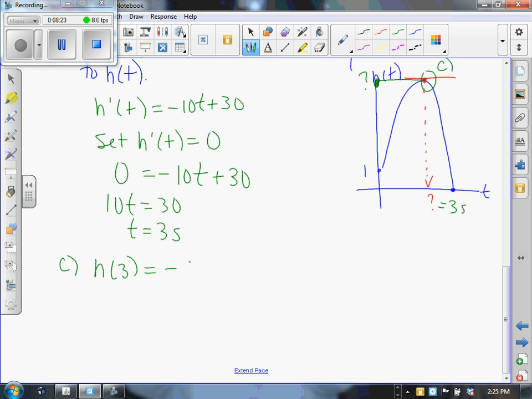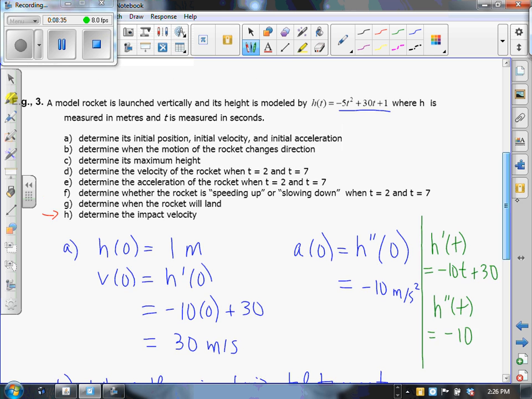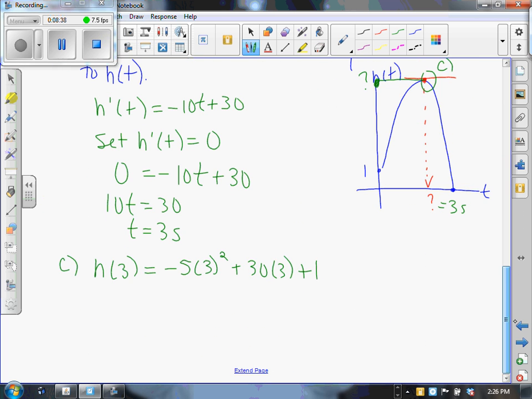So we go back to the original function, substitute in that value, and evaluate. I just want to double check that I do have the right equation written down. Yes, it is plus 30t. So let's evaluate. That would be minus 45 plus 90 plus 1. So that looks like 45 plus 1. So 46 meters would be the height at 3 seconds.